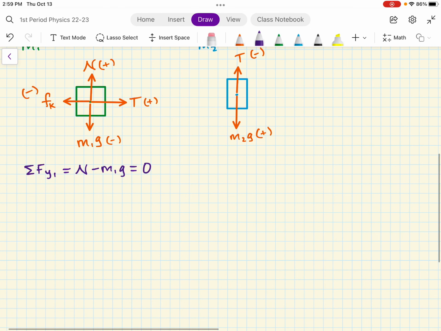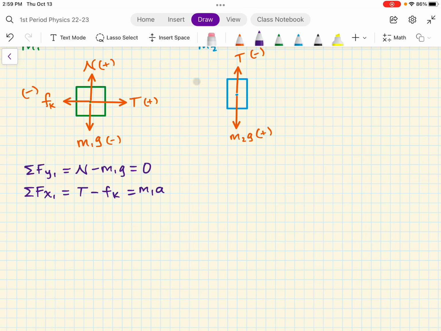Along the x, so sum of the forces along the x for mass 1, we have the positive force, which is tension, minus kinetic friction. And that is equal to mass 1 times acceleration.